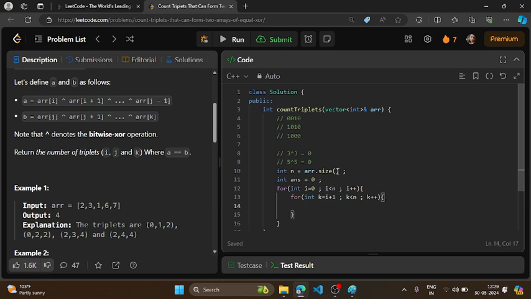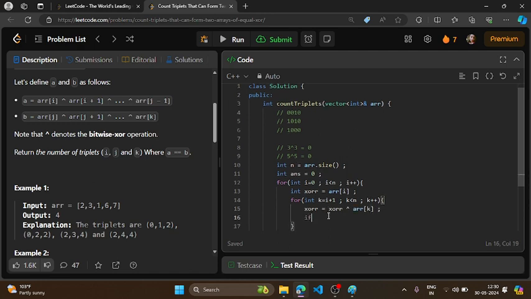So now suppose I am at the ith index, and I will calculate an XOR as array of i. This is my XOR, and now I will keep on taking the XOR of this particular variable with the kth element, right? So my XOR will be equal to XOR array of k.